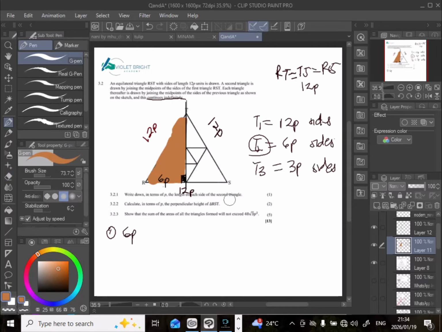So now let's go back to grade 10. Right angle triangles always have these angles. It's either 30 or 60. It's always that case when it comes to the right angle triangle.